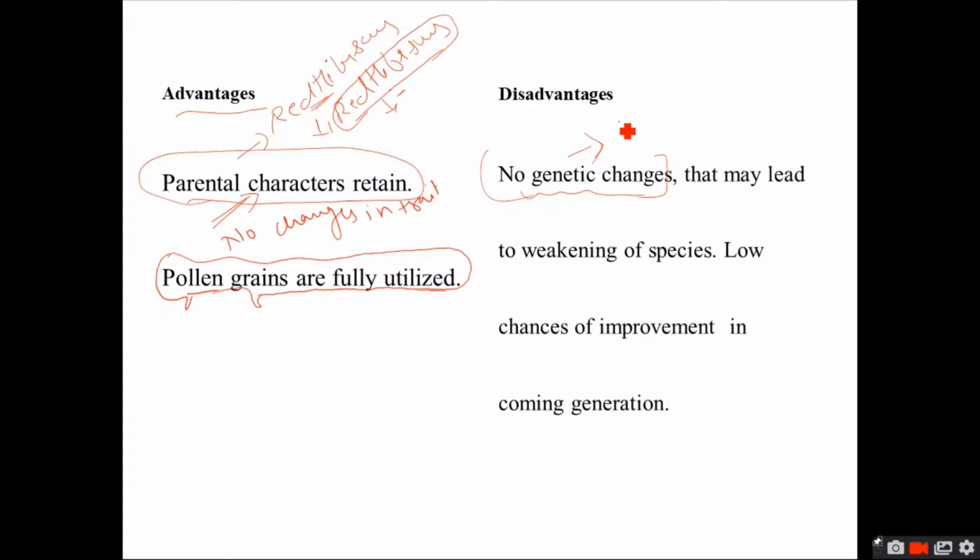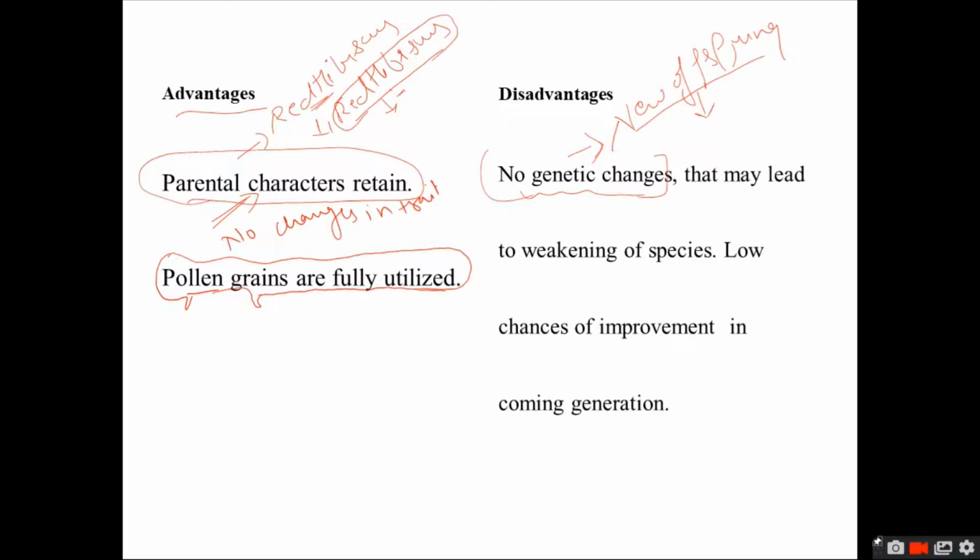If the new offspring does not change its character from generation to generation, then it will be difficult for it to survive in a new, adaptive environment.